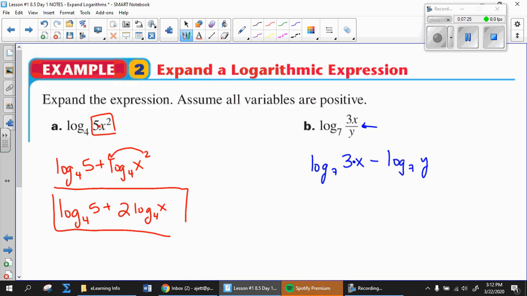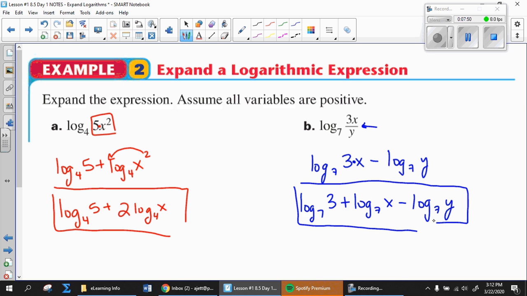So this is 3 times x. Well, the way we split up multiplication is we add. So log base 7 of 3 plus log base 7 of x, and then all of that, which we subtract, log base 7 of y. Now everything has been separated. This just has one thing, this has one thing, this has one thing, and so there is our final answer.